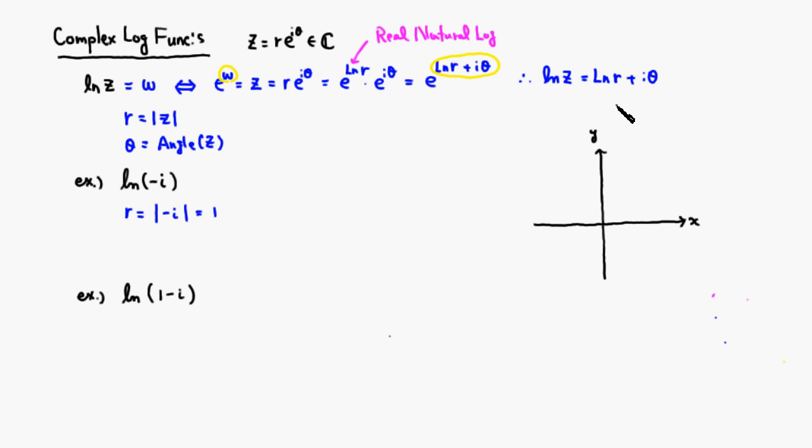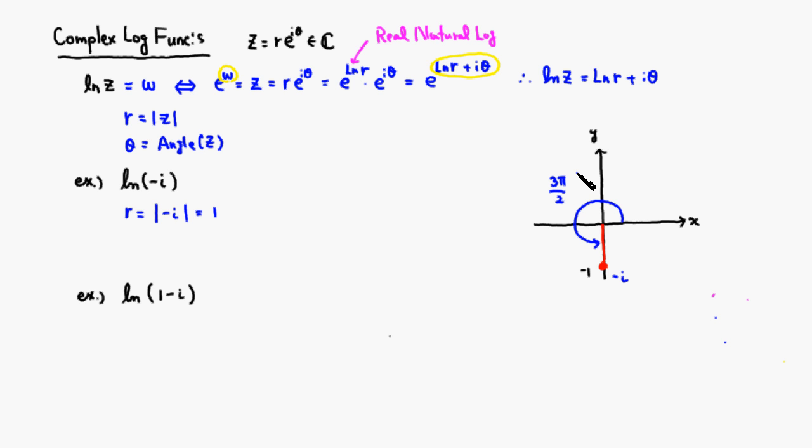Since it's negative i, negative i sits right here, below negative 1 on the axis. The angle goes from here all the way to there, so that would be 3 pi over 2.